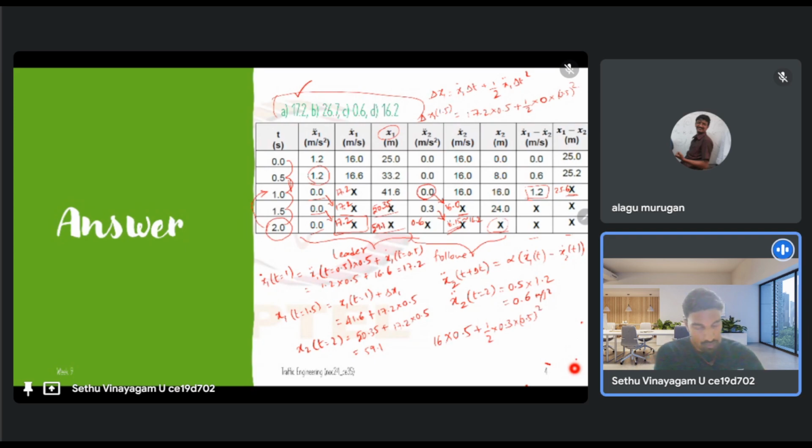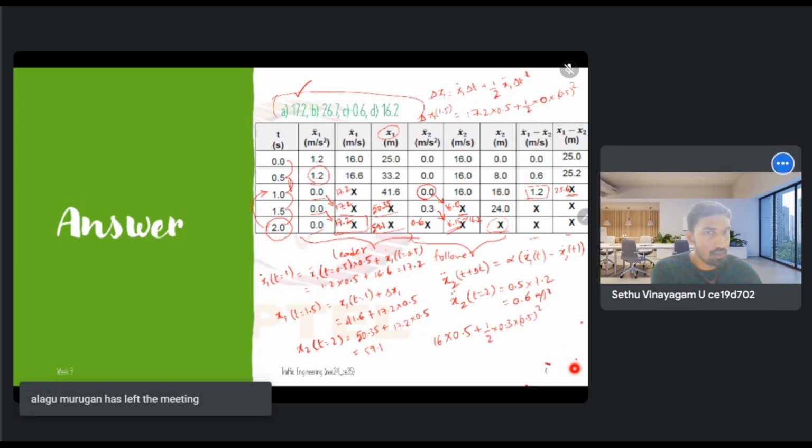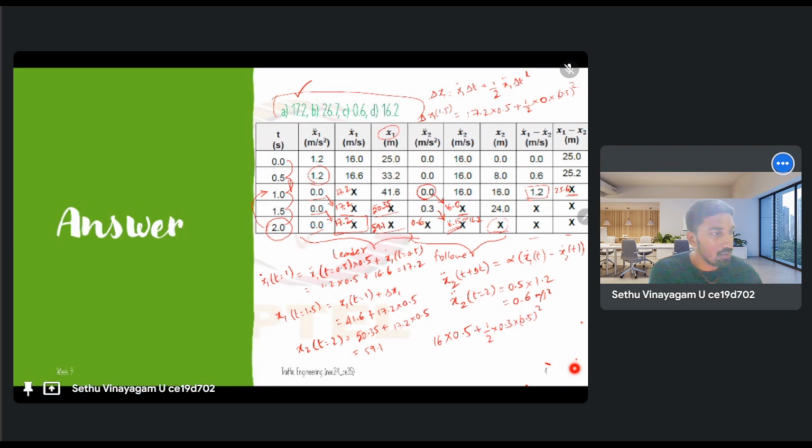We solve that, and this is 8.04, which means 32.04 is the new position for the follower at time equal to 2.